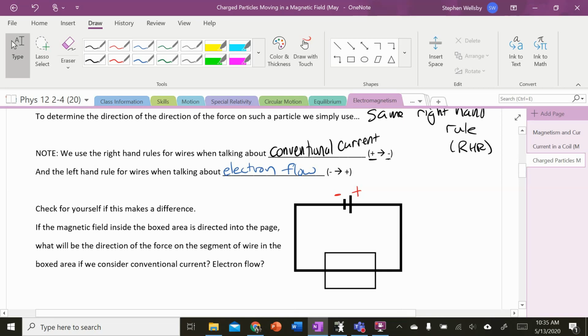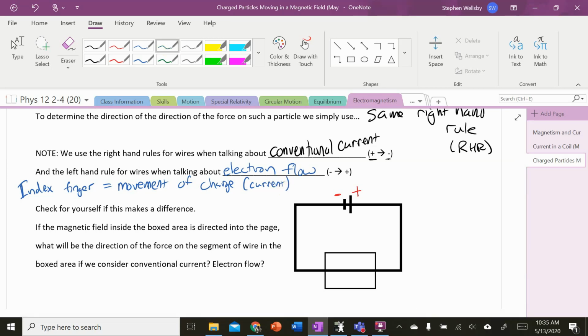But I want you to take a look for yourself. The same rules apply for the right-hand rule as for the left-hand rule. In both cases, your index finger equals movement of charge, which for a wire we just call current, and your three other fingers equal the direction the field lines point.